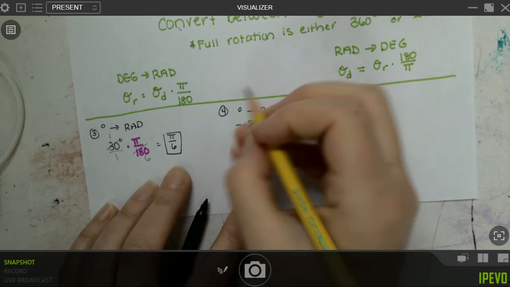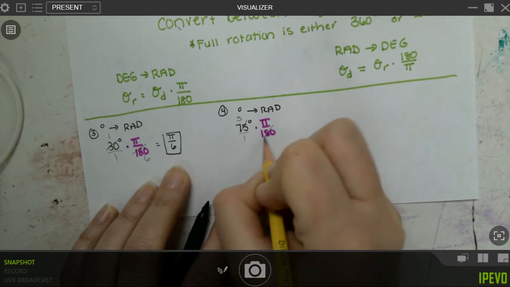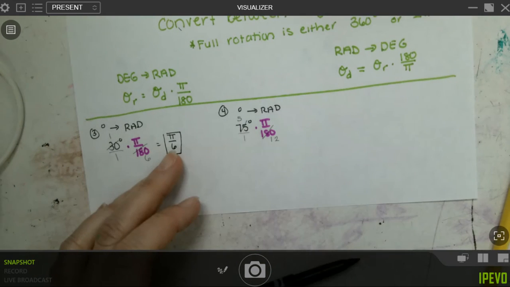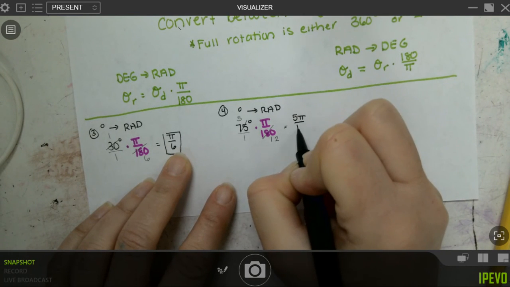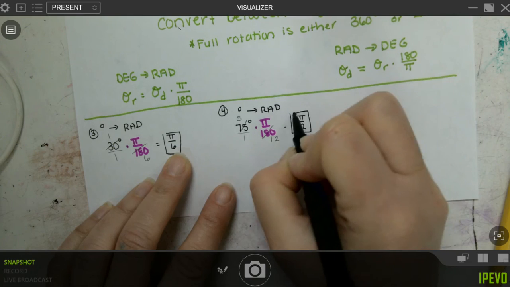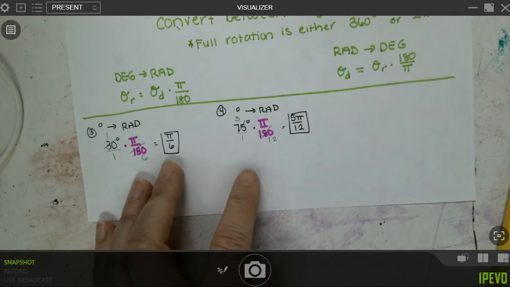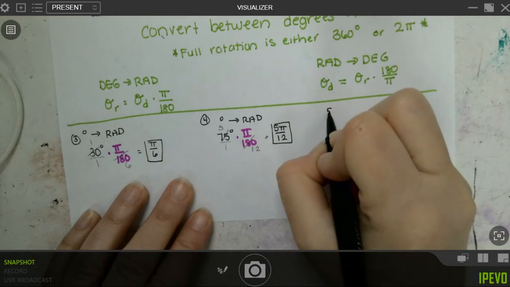We will simplify, and multiply through: 5 pi over 12. If you understand the process of converting, but you're having a hard time with simplifying, let me know and I'll help you with that simplifying process. But I think you should be fine.